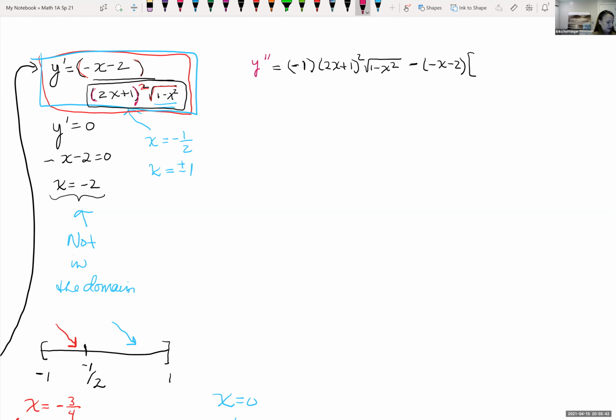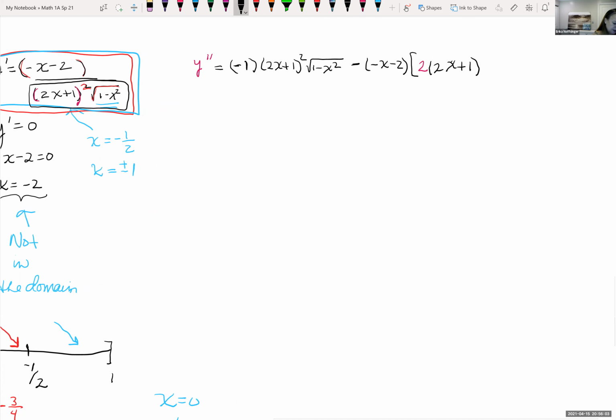So derivative of the first piece in the denominator, bringing down my exponent of 2 on the inside, or 2x plus 1. Subtract 1 from my exponent, times the second piece. So keep it as the square root of 1 minus x squared.